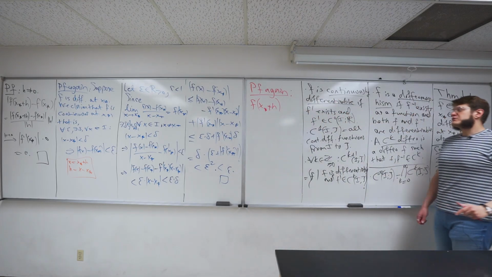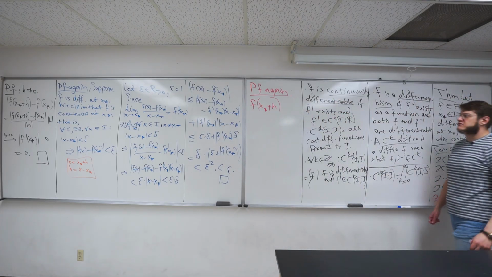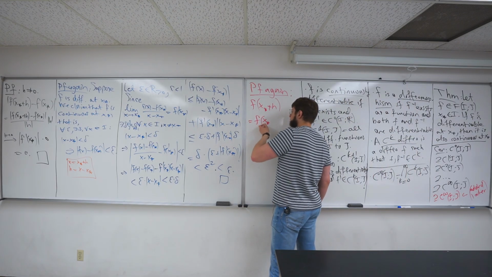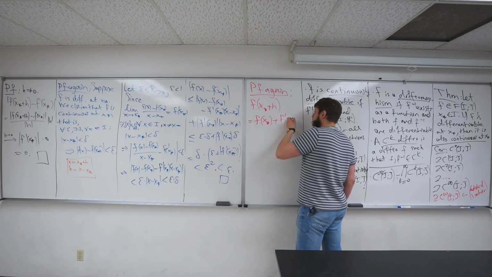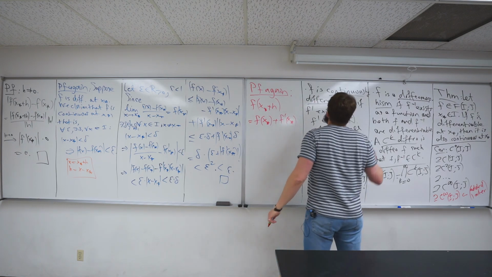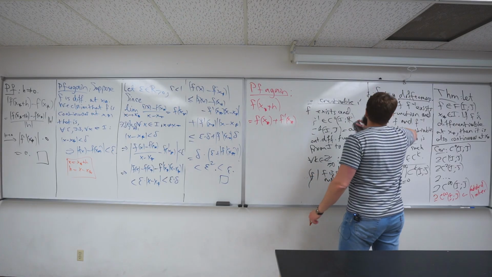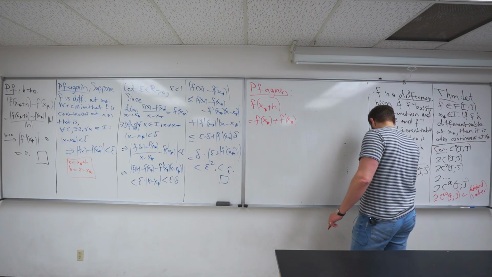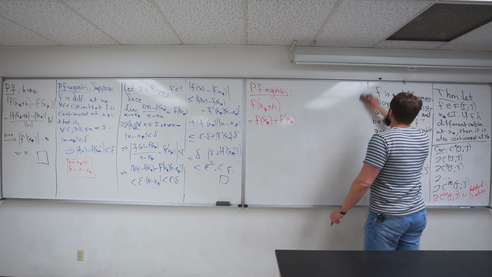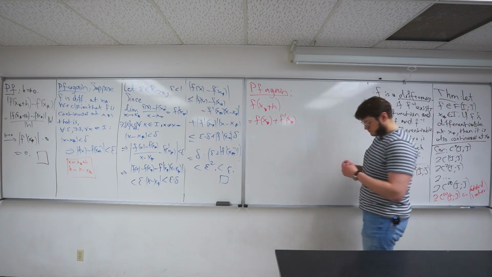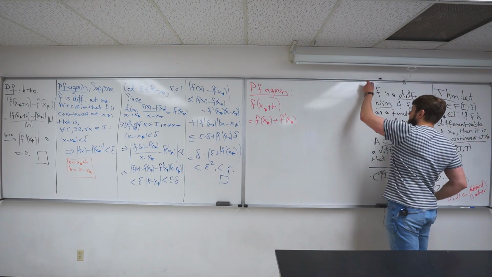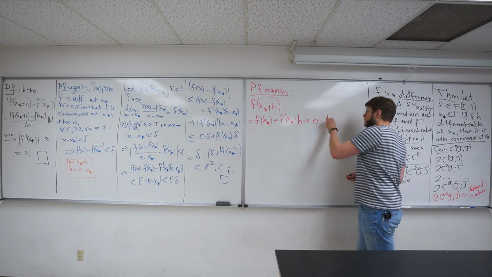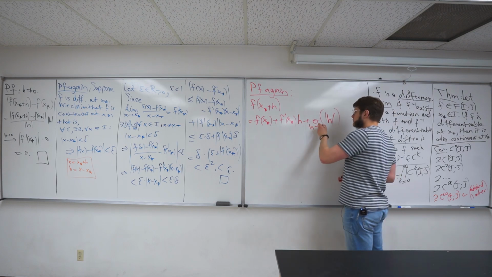By differentiability, f of x star plus h is f of x star plus f prime of x star times h plus higher order terms, times h plus little o of h in absolute value as h goes to 0.